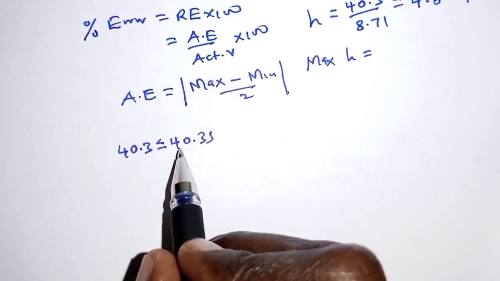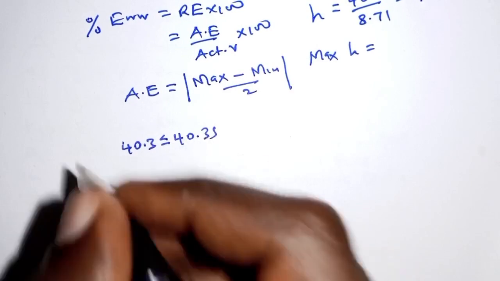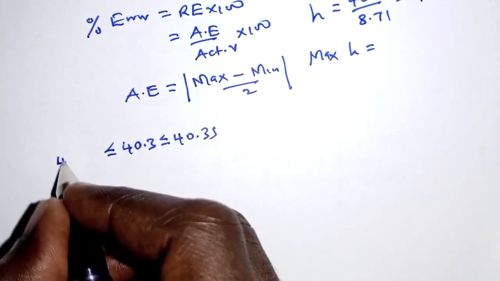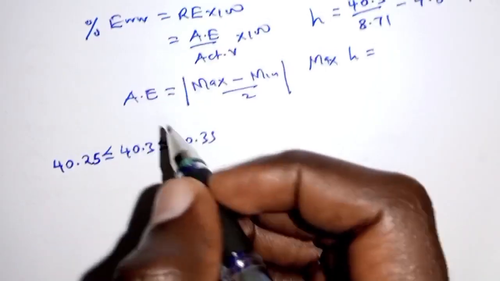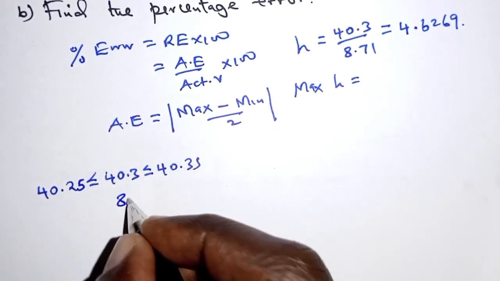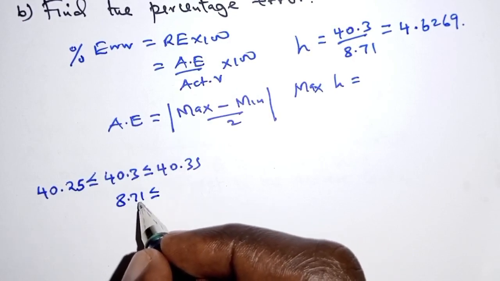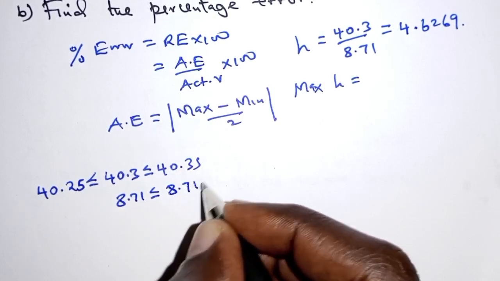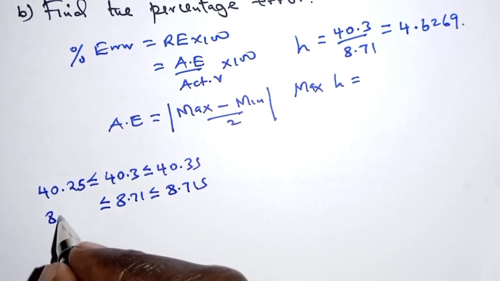That's how I've obtained 40.35. I've added 0.05 for the upper limit, and then for the lower limit, we subtract and get 40.25. And then for 8.71, on the upper limit, we're going to add 0.005 and get 8.715.